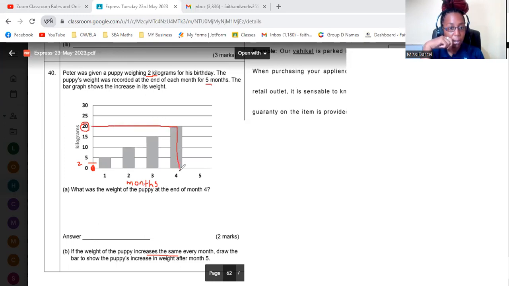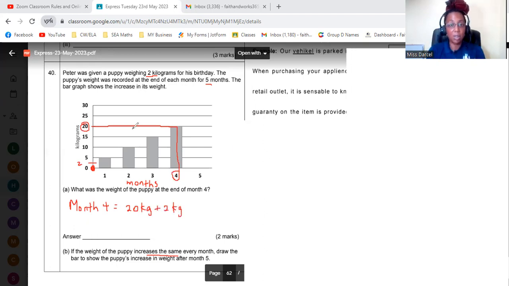Right, this is month 4. So all we have to do is add the weights. So a simple statement would read month 4 equals 20 kg plus 2 kg.